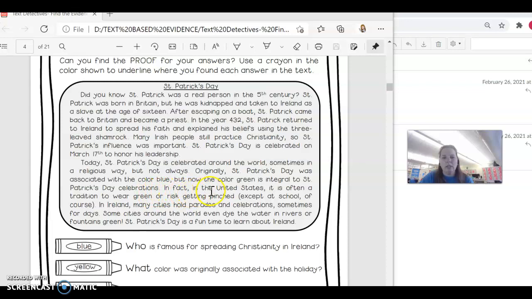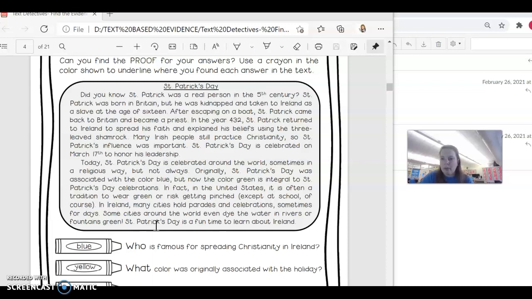In fact, in the United States, it is often a tradition to wear green or risk getting pinched, except at school, of course. In Ireland, many cities hold parades and celebrations, sometimes for days. Some cities around the world even dye the water in rivers or fountains green. St. Patrick's Day is a fun time to learn about Ireland.